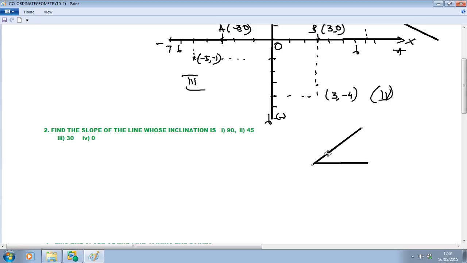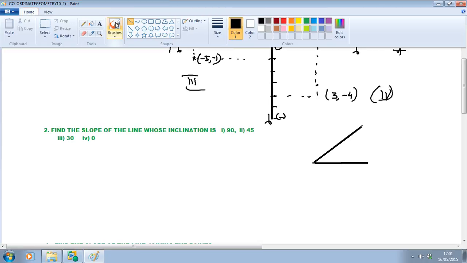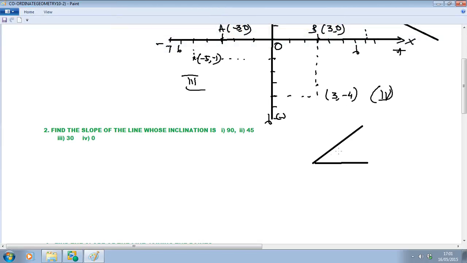This angle between two lines is the angle of inclination. So what is the slope? This theta, slope means tan theta. It's a slope represented by m.